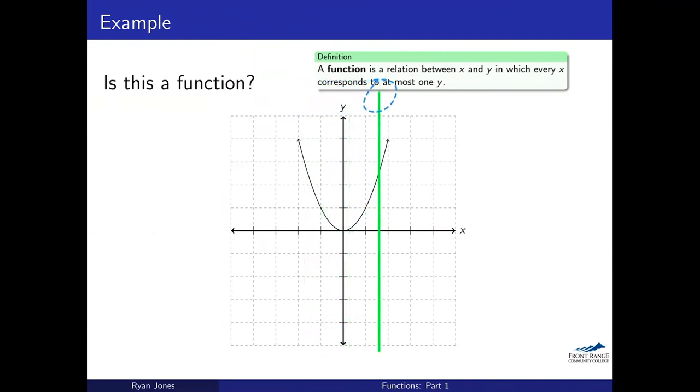There's never a place where that parabola touches the green line twice at the same time. And so that would be a great example of the vertical line test, if you will. It's just a shorthand way of checking whether or not something is a function.